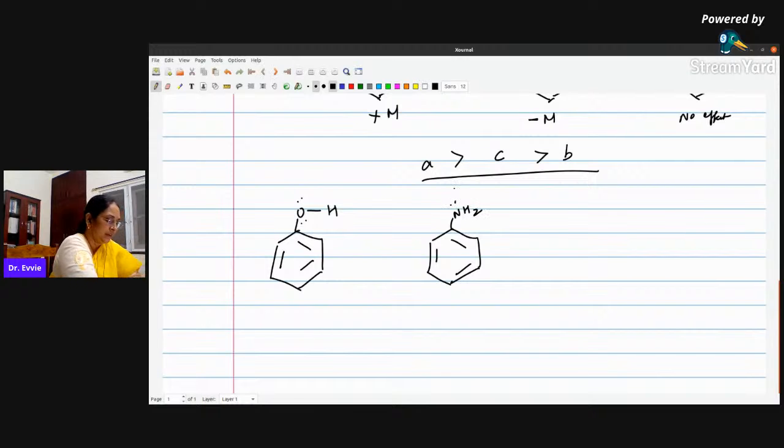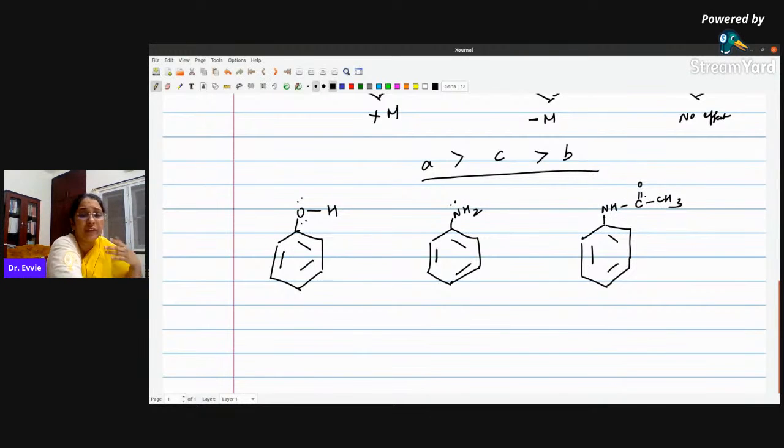NH2 has one electron pair. Now, whenever we talk about stability, we know that the more the resonance structures, the more stable it is. Okay. So now let us see what effects can take place in these three compounds.